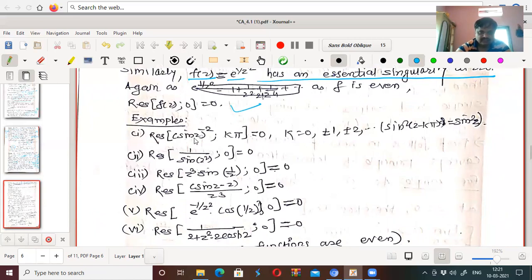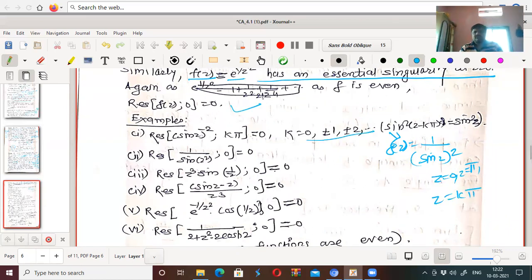Residue of sine of z to the power minus 2, that is 1 upon sine z whole square, f of z. This function has singularities at z equal to 0, z equal to pi, z equal to 2 pi, that is z equal to k pi, where k equal to 0, plus or minus 1, plus or minus 2, and so on.